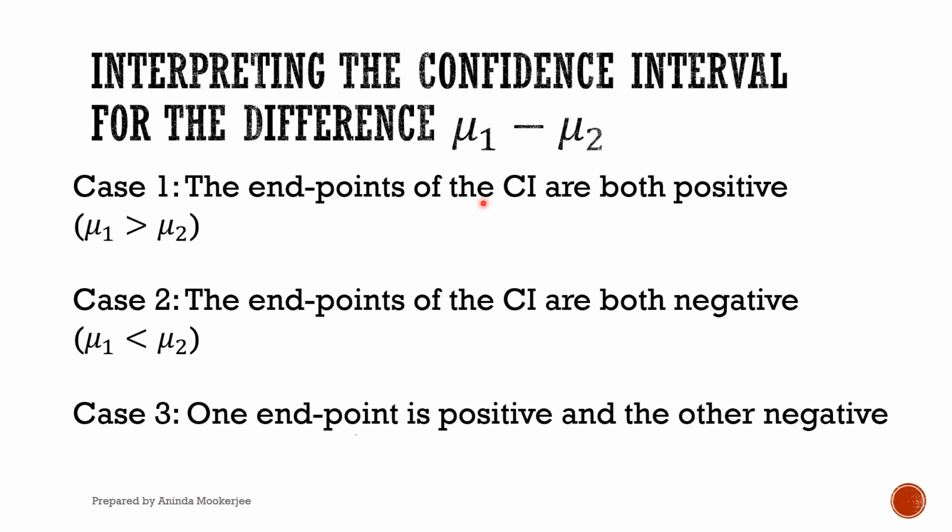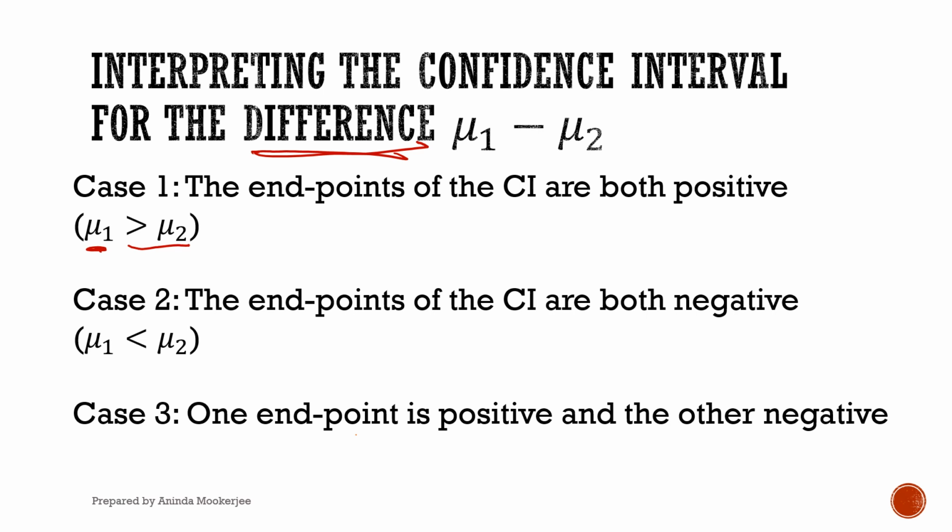Again, keep in mind we are talking about the difference. When the endpoints of the difference between the two means in the confidence interval are both positive, that means mu sub 1 is greater than mu sub 2. That tells us mu sub 1 is greater than mu sub 2.